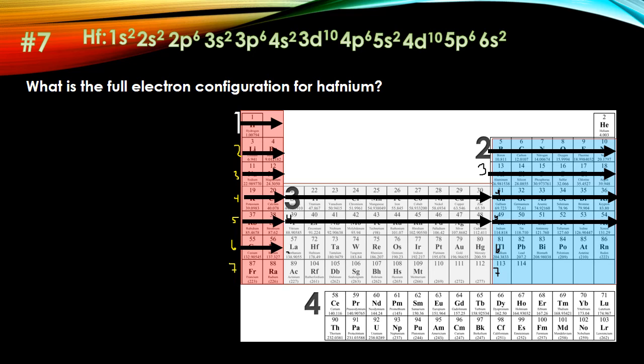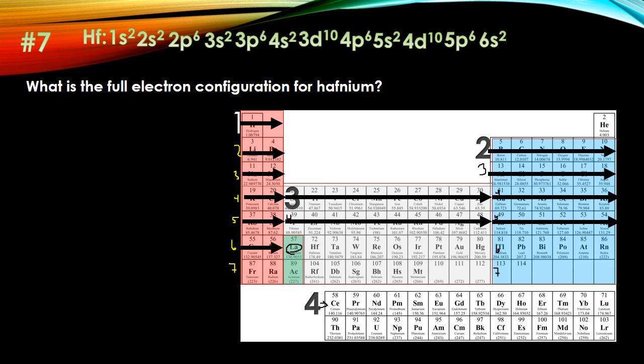Notice down here at 4, this group is called the lanthanide series, but lanthanide is found right here. So to be honest, for the way this periodic table is written, lanthanide is part of the f block.